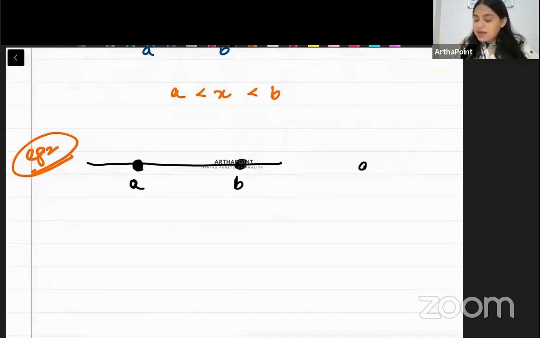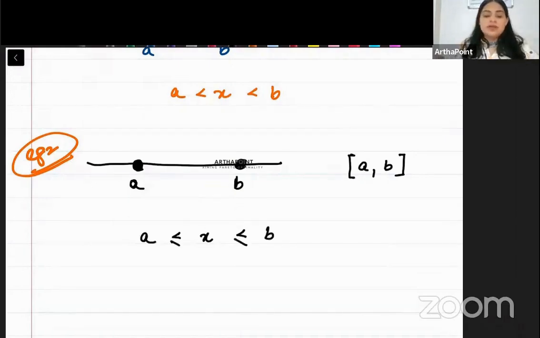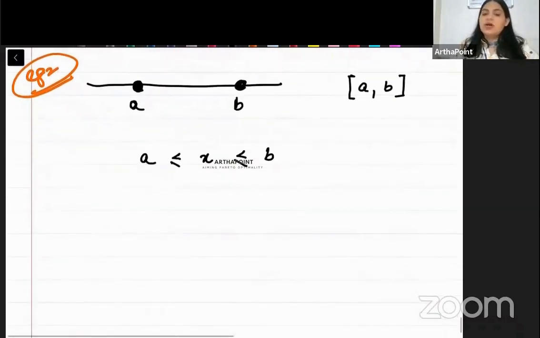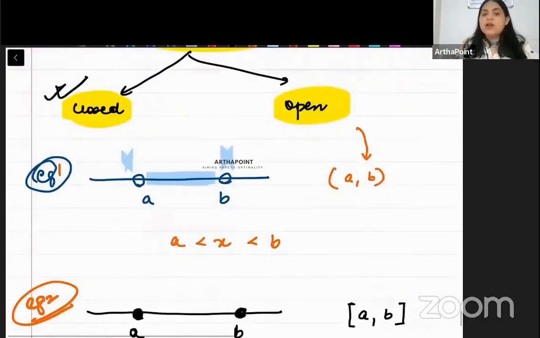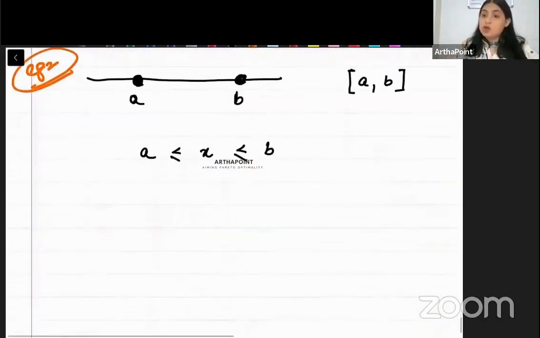I will say my interval is [A, B], and both A and B are included. So x is between A and B, including A, including B. Then it is called a closed interval. I am including the endpoints also.